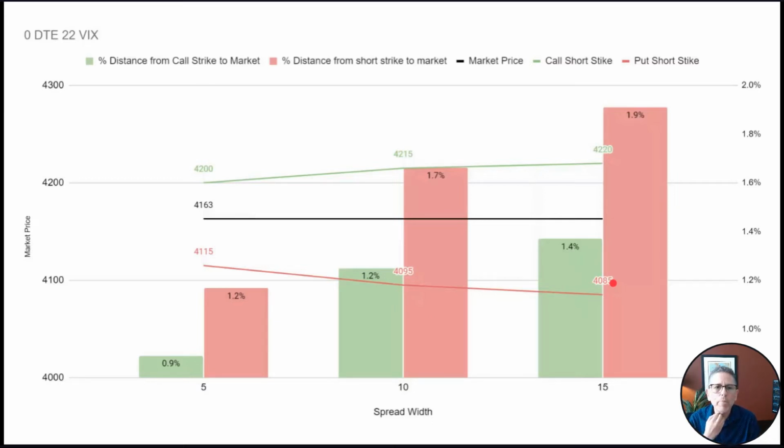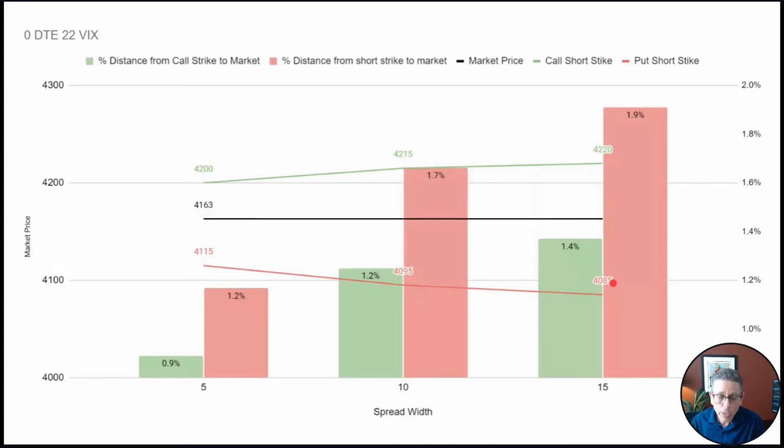It's just the amount that you're adding is a lot more in a 10 wide. Taking a 10 wide and rolling it and widening it gives you a lot more distance to the market than rolling, widening a 15 wide to a 20 wide.